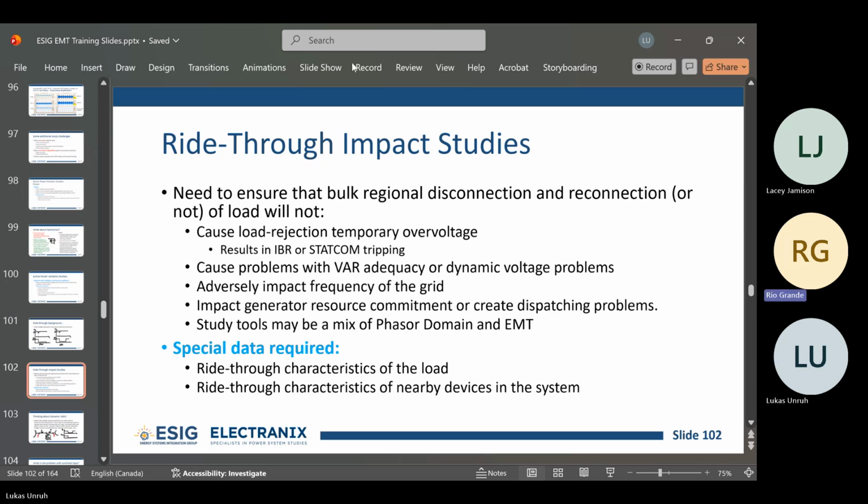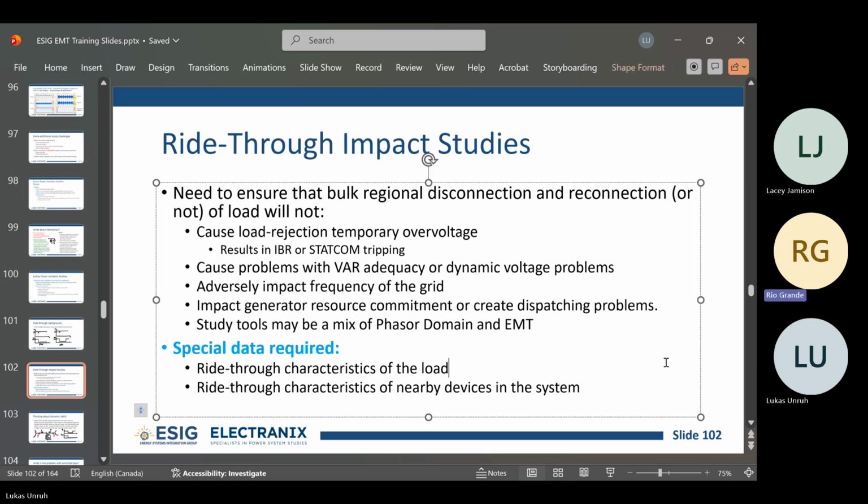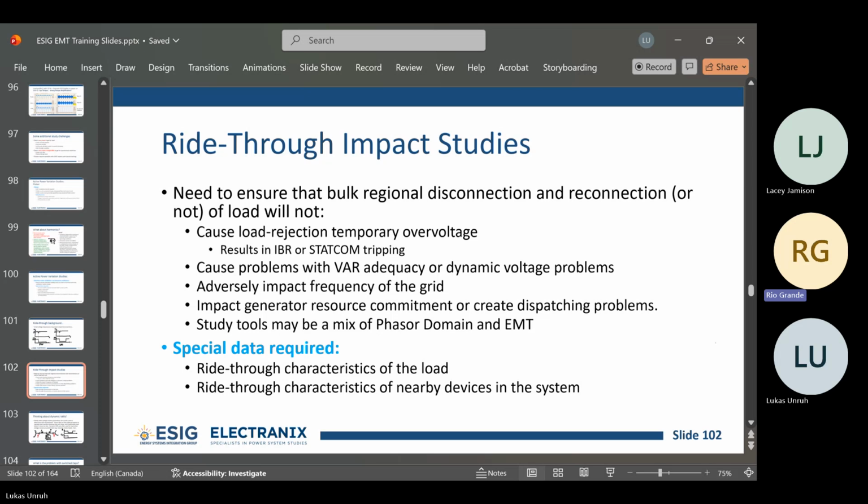It might impact the generator resource commitment or create dispatching problems as well once we lose a whole bunch of load like that. The study tools to assess this are going to be mostly a mix of phasor domain and EMT tools. And there may be some special data required from the load, which is the ride-through characteristics of the load and the ride-through characteristics of nearby devices on the system.